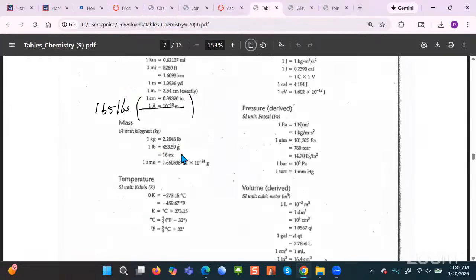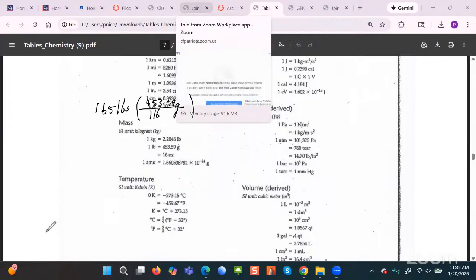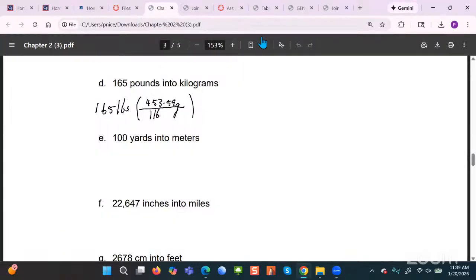Okay, we have the relationship between the pound unit and the gram unit. So let me write that down here. So 1 pound is equal to 453.59 grams, all right? But we're not finished there because if I remember correctly, the question is asking you to convert to kilograms.